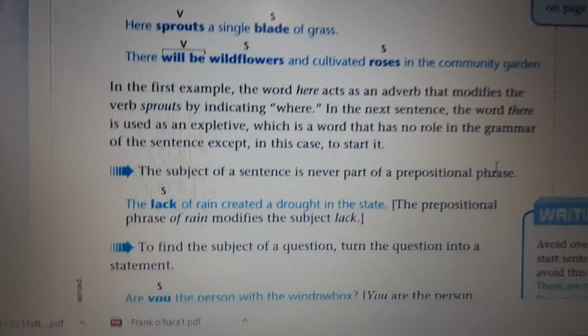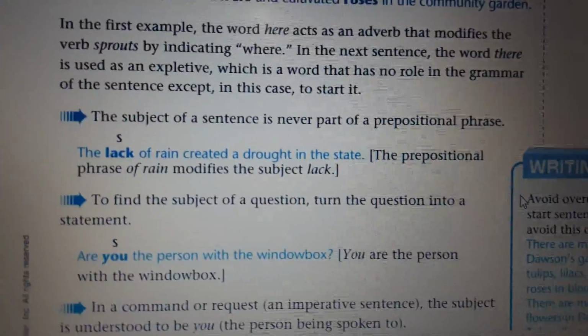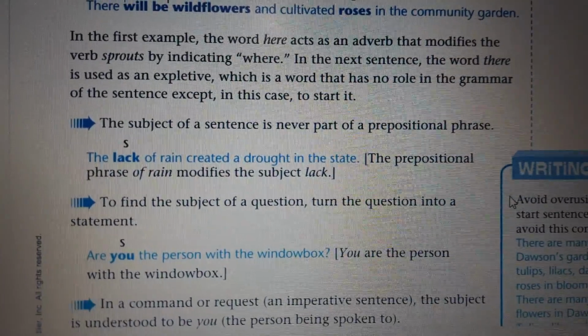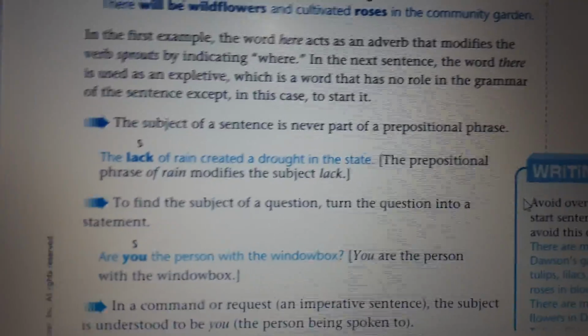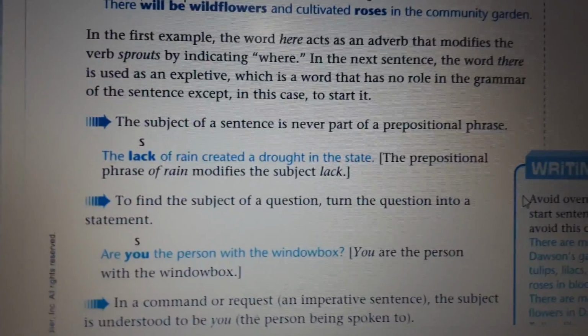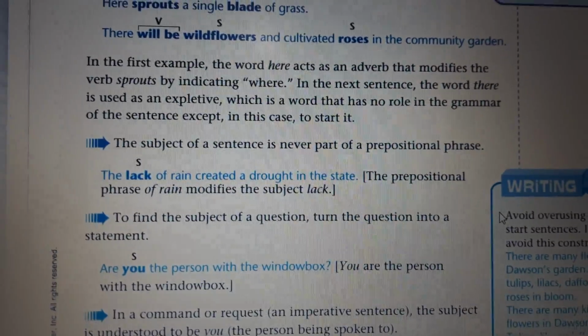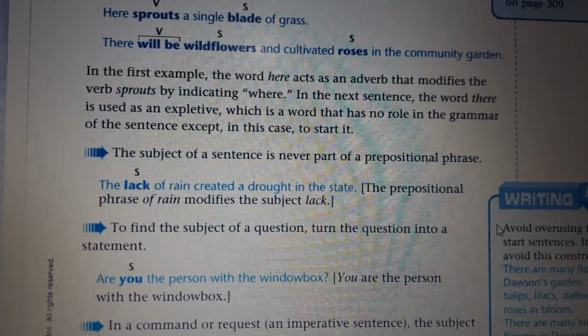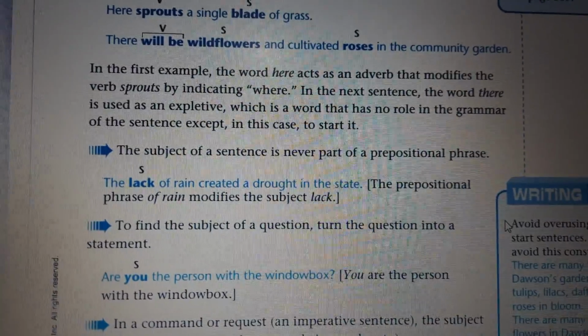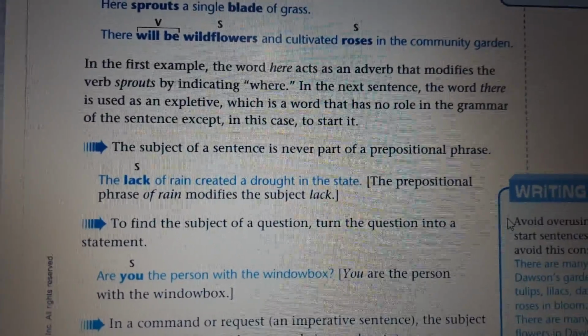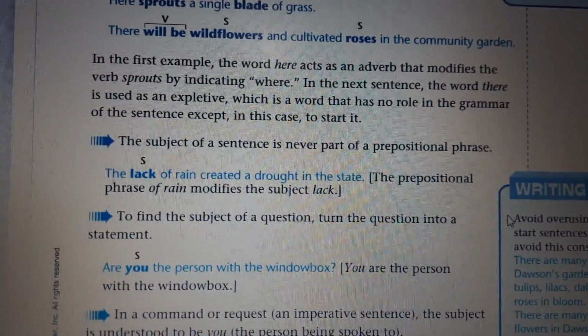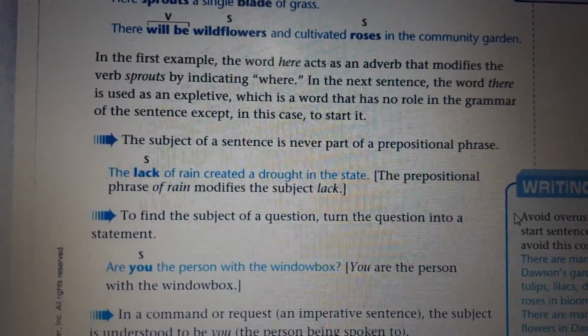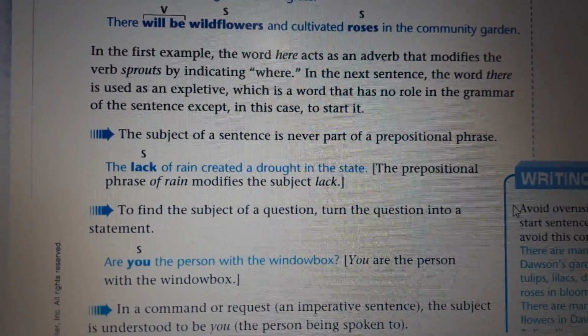We have another thing. The subject of a sentence is never part of a prepositional phrase. First of all, I want you to go to the prepositional phrase lesson and refresh your memory before this example. Okay, so here, the lack of rain created a drought in the state.